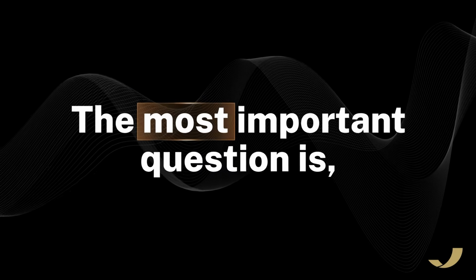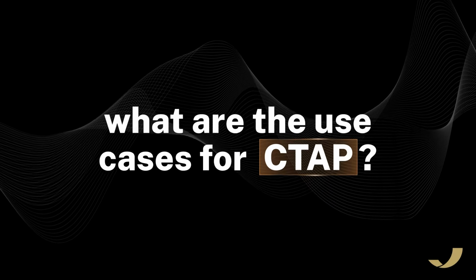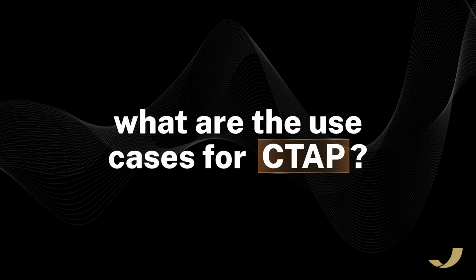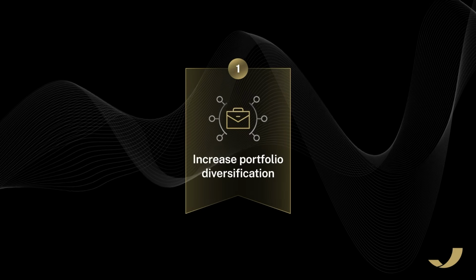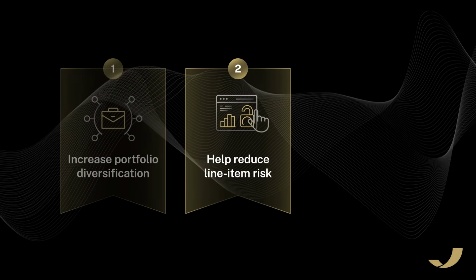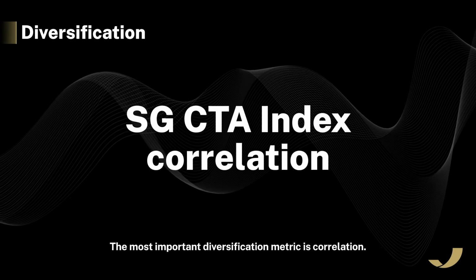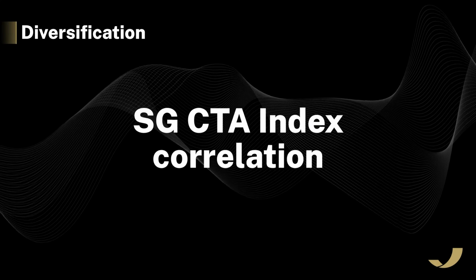The most important question is, what are the use cases for CTAP? Three reasons to invest include to increase portfolio diversification, to help reduce line item risk, and to increase capital efficiency. Let's start with diversification. The most important diversification metric is correlation.